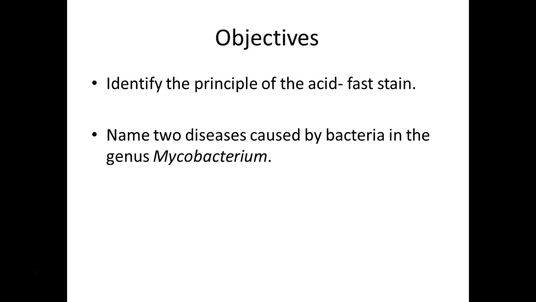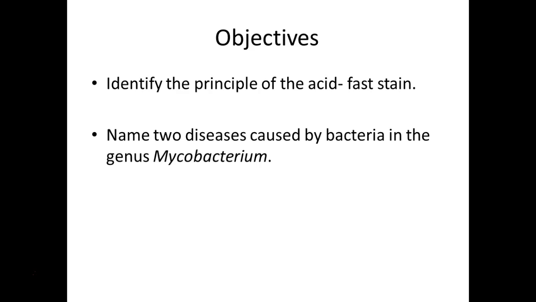So in the case of the acid-fast stain, it tells us if the organisms have a particular type of cell wall that contains a substance known as mycolic acid. There are two diseases that you may be aware of that are caused by acid-fast bacteria.